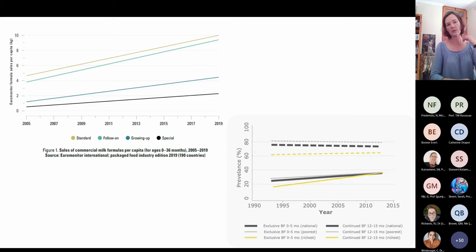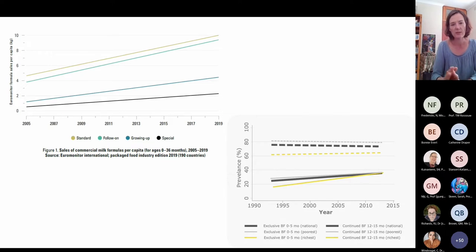So this figure on the top left shows trends in per capita formula sales for 190 countries. And between 2005 and 2019, the sales of standard, follow-on, growing up and special formulas increased from 64% for the standard milks up to 214%.